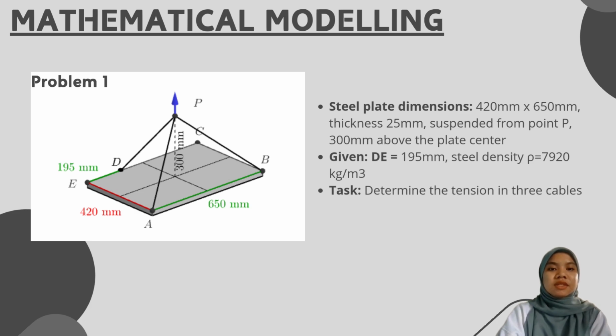Additionally, the dimensions provided indicate that point DE is 195 mm and the material is steel with a density of 7,920 kilograms per cubic meter. The problem tasks us with determining the tensions in three supporting cables to ensure equilibrium.